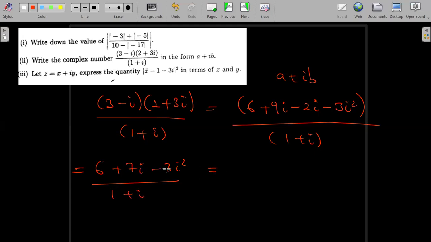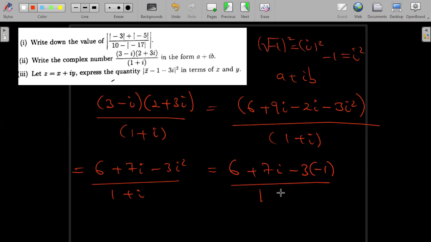Where there's i squared, I can replace it with -1, because I know that the square root of -1 is i. So when I square both sides, I get -1 equal to i squared. So whatever it is, i squared, I can replace with -1. Then I have 6 plus 7i, then minus 3 times -1, divided by 1 plus i.